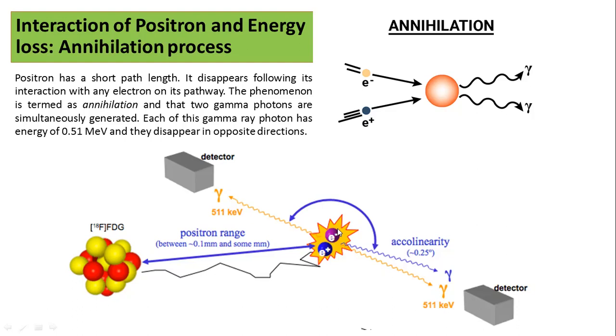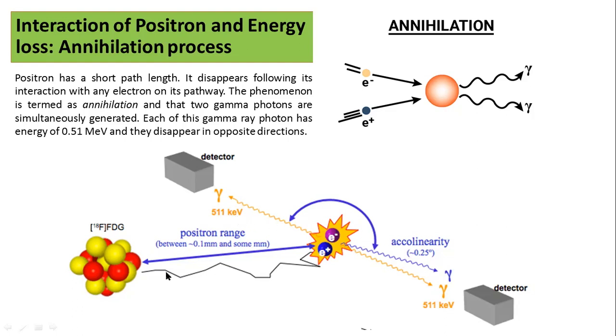And when they interact, the positive and negative charge disappear with the emission of two gamma rays. That means two gamma photons are generated with an equal energy of 0.51 mega electron volt or 511 kilo electron volt.